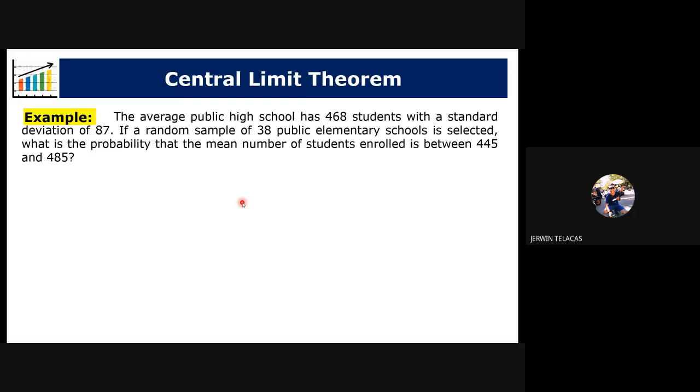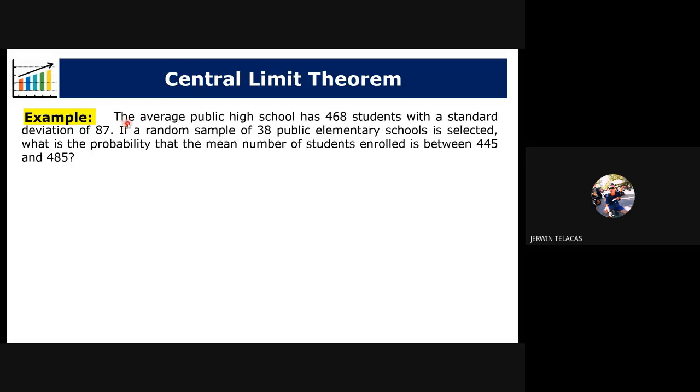The average public school has 468 students with a standard deviation of 87. If a random sample of 38 public elementary schools is selected, what is the probability that the mean number of students enrolled is between 445 and 485?